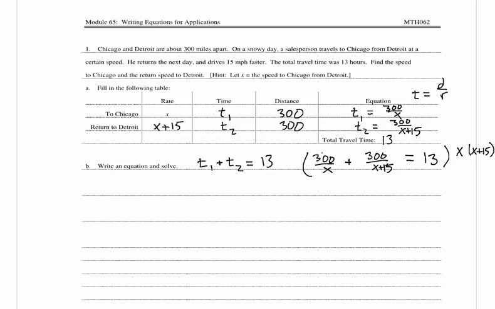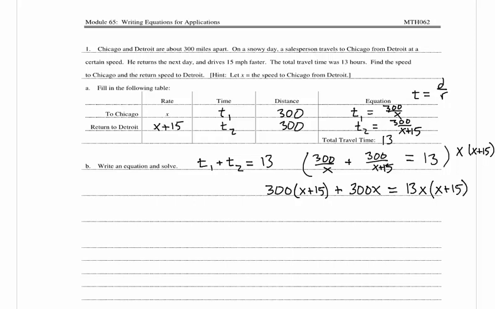And then I get 300 over x times x plus 15 leaves us with 300 times x plus 15, plus 300 over x plus 15 times x plus 15 is 300x, and that's equal to 13 times x plus 15.